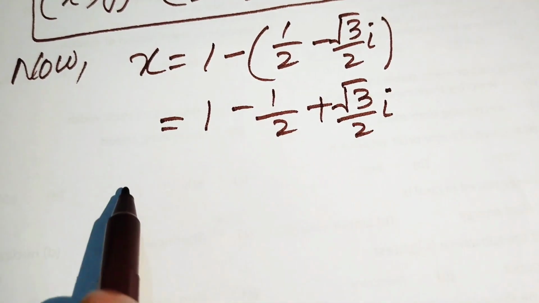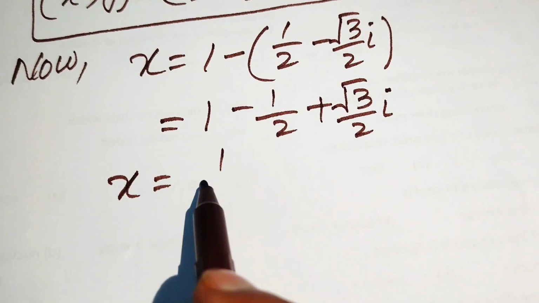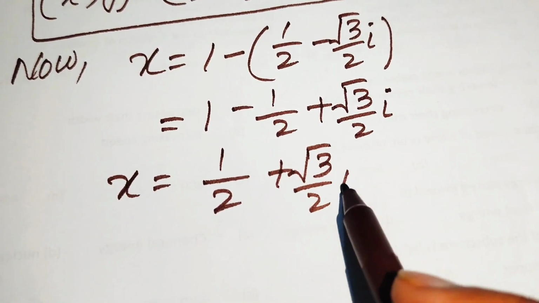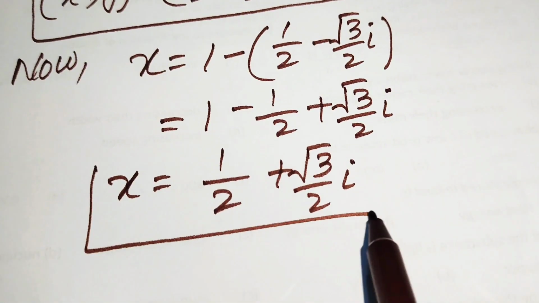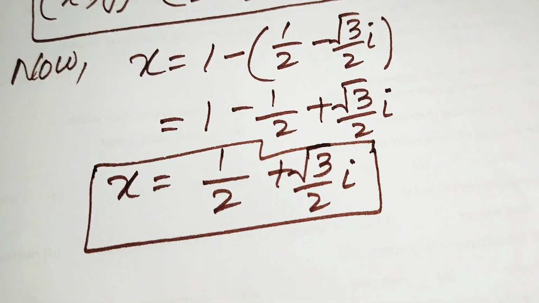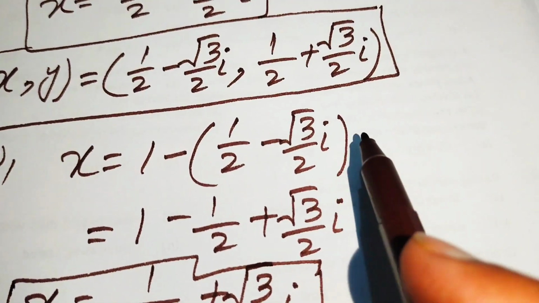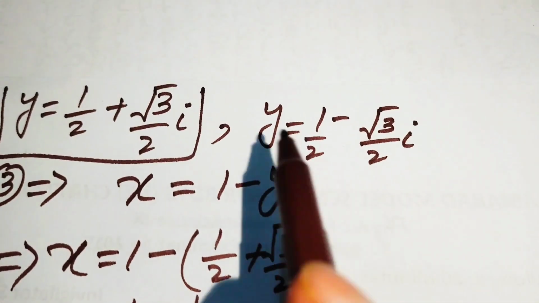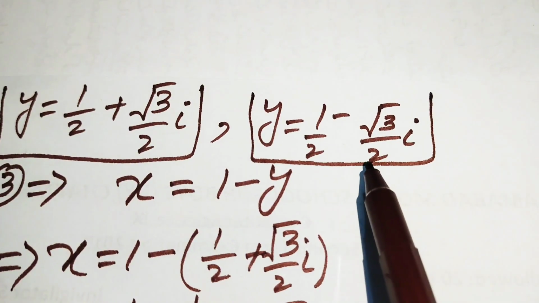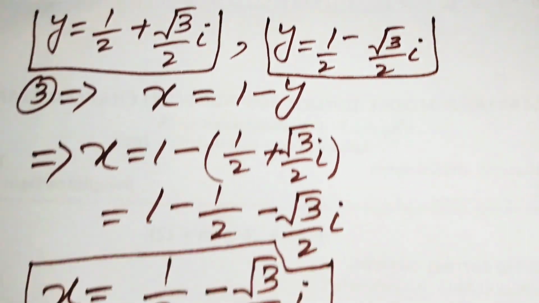So here 1 minus 1/2 is 1/2, plus (√3/2)i. So this is the value of x when the value of y is 1/2 − (√3/2)i.